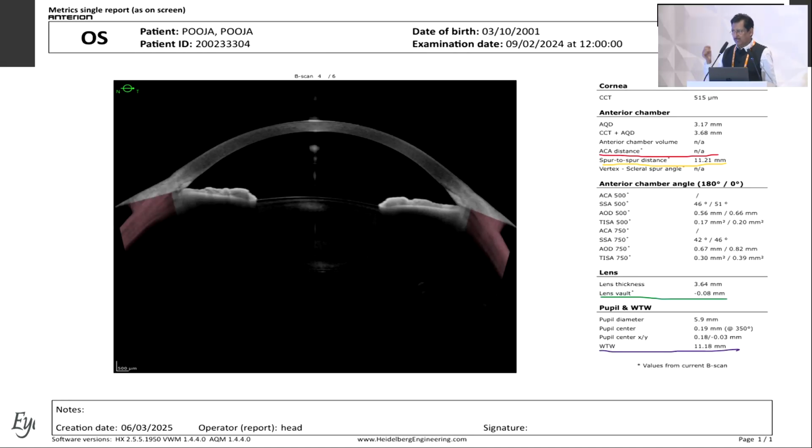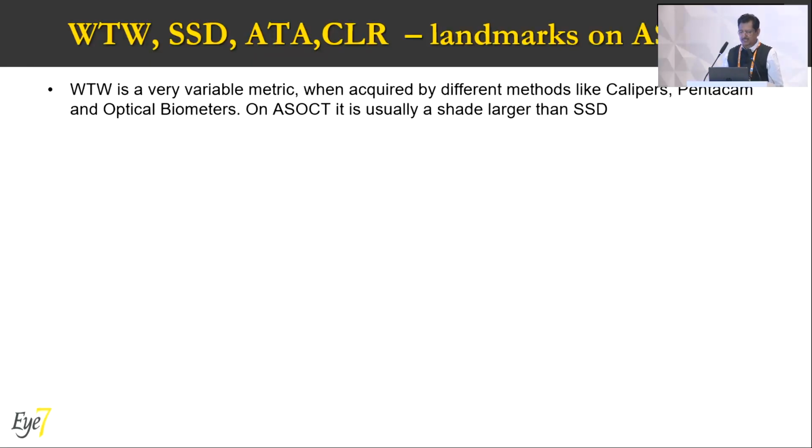So since the differences between spur to spur, angle to angle and white to white are not major, and the reproducible metric is spur to spur, all formulas which are related to spur for calculations would probably do well. But if you look at this, white to white is a very variable metric, very variable. Technically, I would say it is fairly useless.